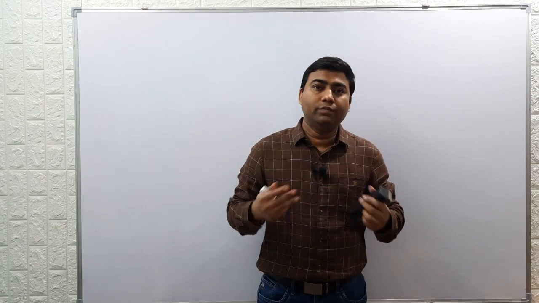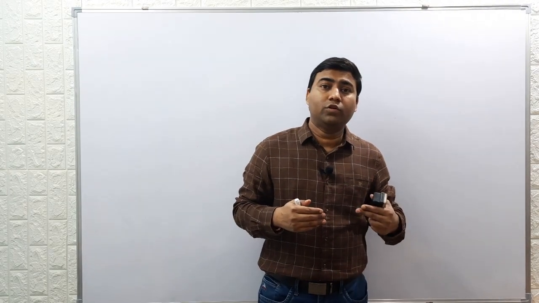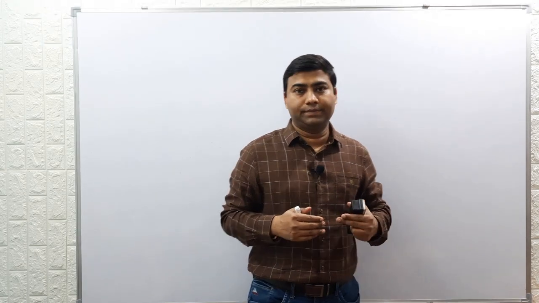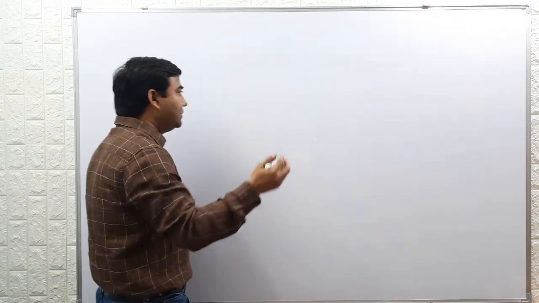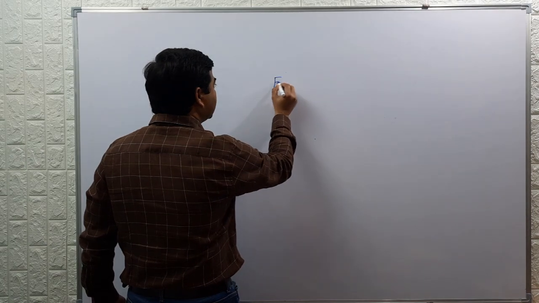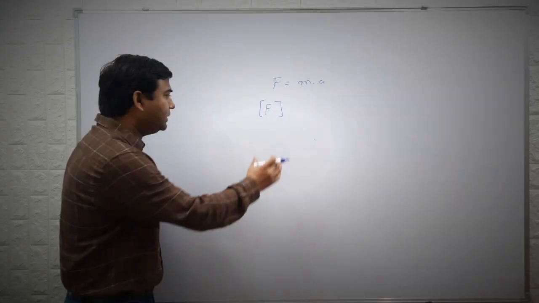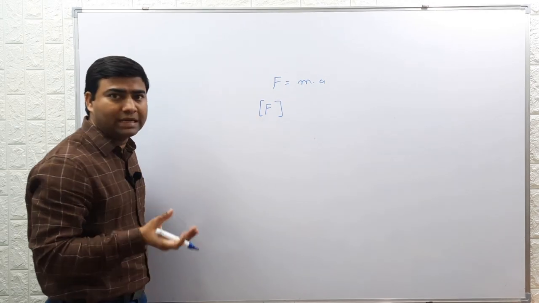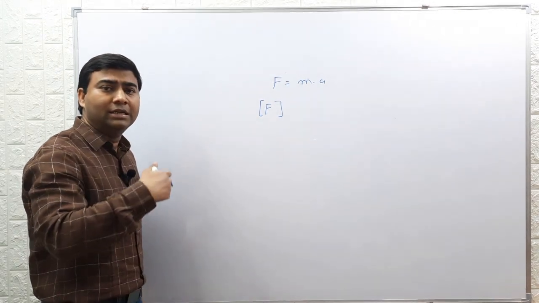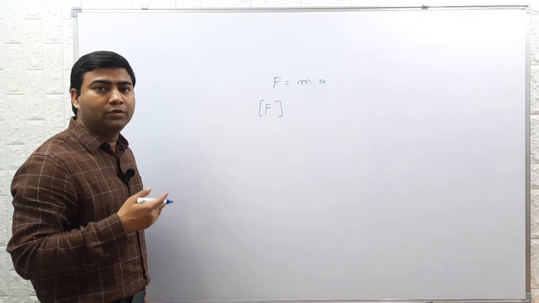So now we will discuss how the dimensional formula of a unit is represented. When we write force is equal to m into a, and write force inside the bracket, that means we are writing the dimensional formula of force.